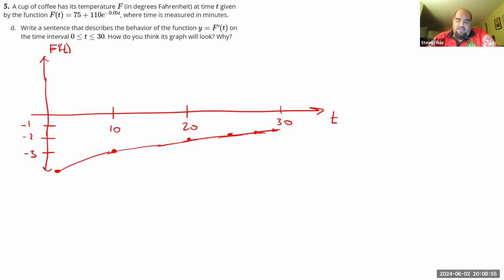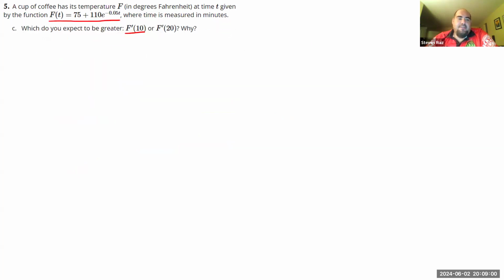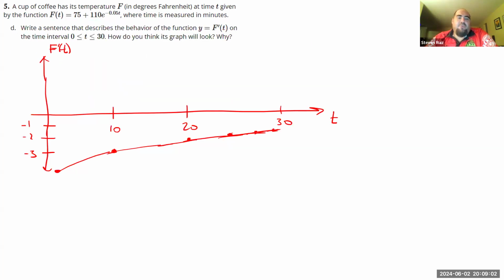Coffee cup came out, we know at 10 minutes it was about 141 degrees. It's always going to be cooling down. So because it's always going to be cooling, that means f prime will always be negative. So hopefully it makes sense that my graph here only contains negative values.